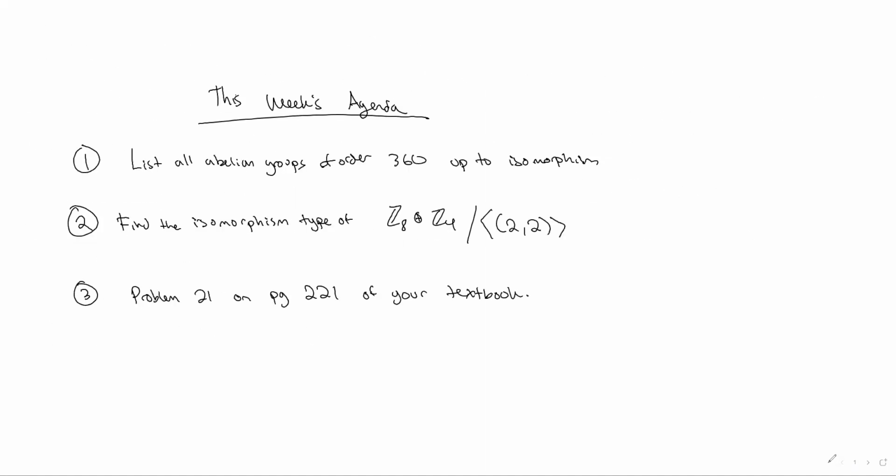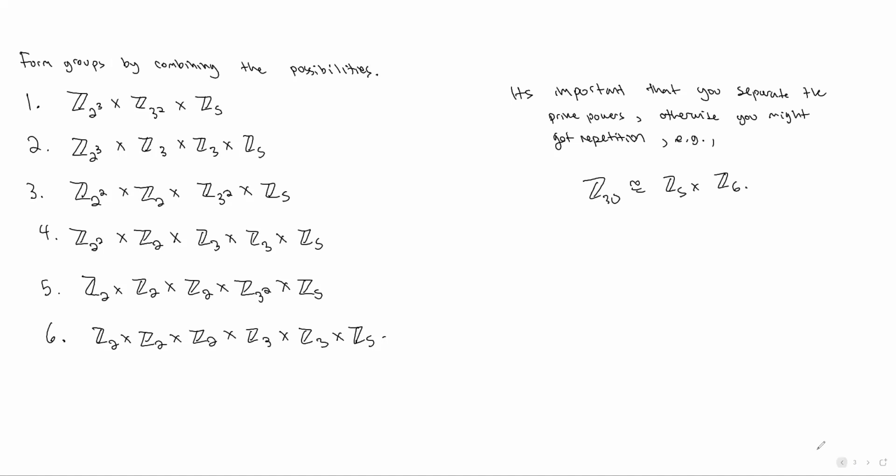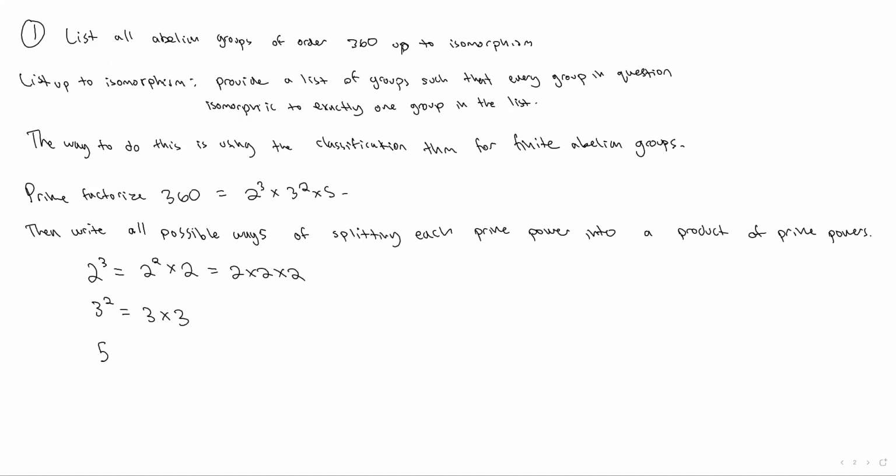My bad. The first thing I did was find all groups of order 360 up to isomorphism. Not the possible isomorphisms, but the possible groups it could be isomorphic to. So 360 is 2 cubed times 3 squared times 5.